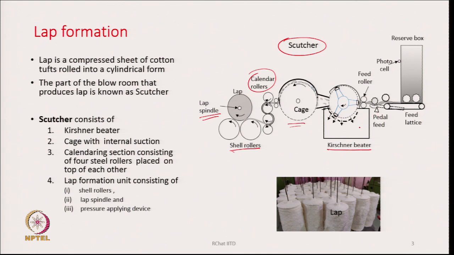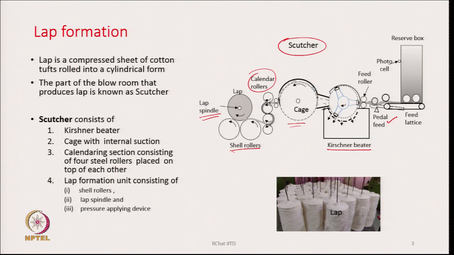Prior to this is the Kirschner beater, which is a very fine cleaning unit, and it can only handle very small size tufts. We have a feed roller which is feeding the sheet to the Kirschner beater section. Then behind that there is a pedal feed arrangement, which we will discuss.